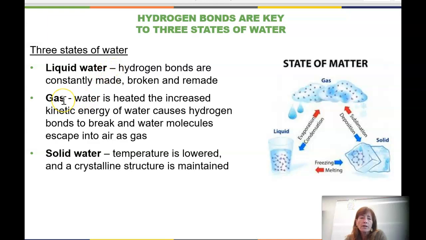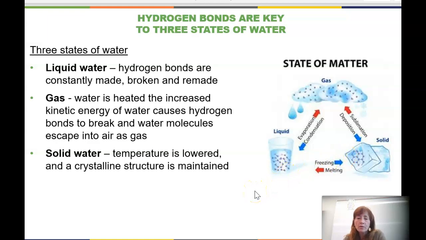We know that water can exist as a gas, in which case it has been given so much kinetic energy it's able to move away from other water molecules. And we know that water, when the temperature is lowered, becomes solidified. The interesting difference is that when it becomes solidified, it forms a crystalline structure, and that crystalline structure causes the water to expand and therefore to become less dense.